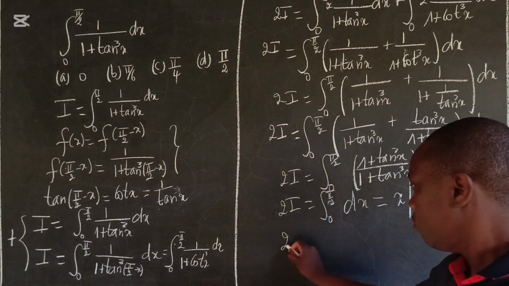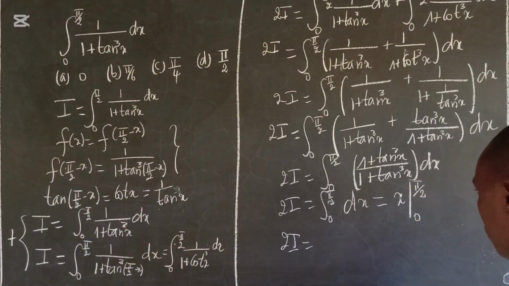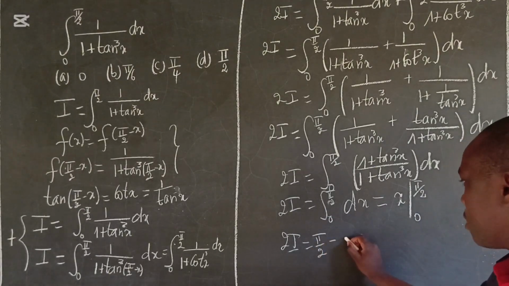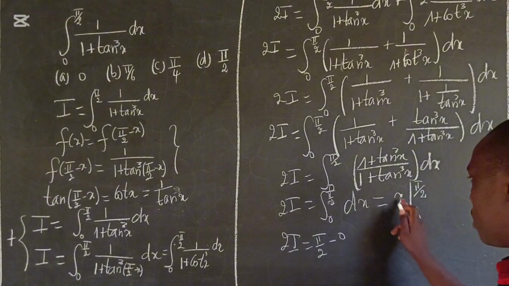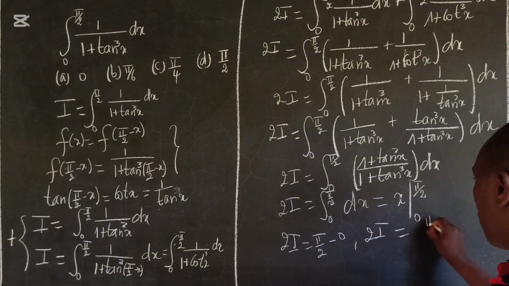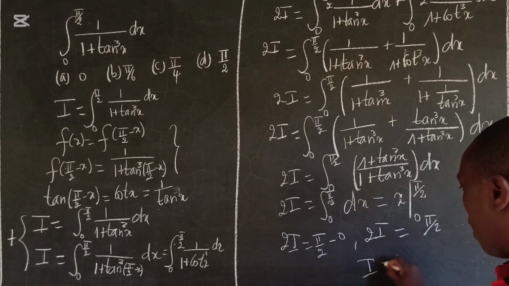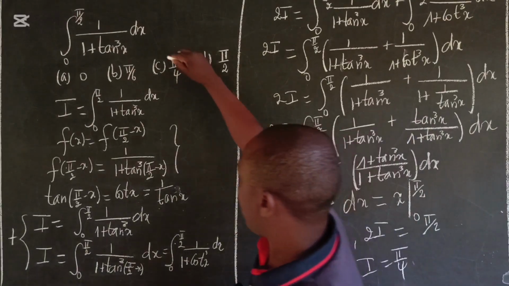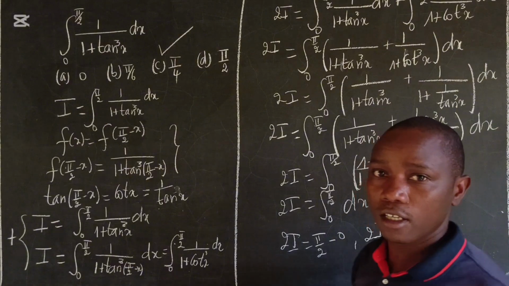So 2I is equal to pi over 2 minus 0, so 2I is equal to pi over 2. This is to say I is equal to pi over 4. The given integral with those boundaries is pi over 4. So the correct answer here is C.